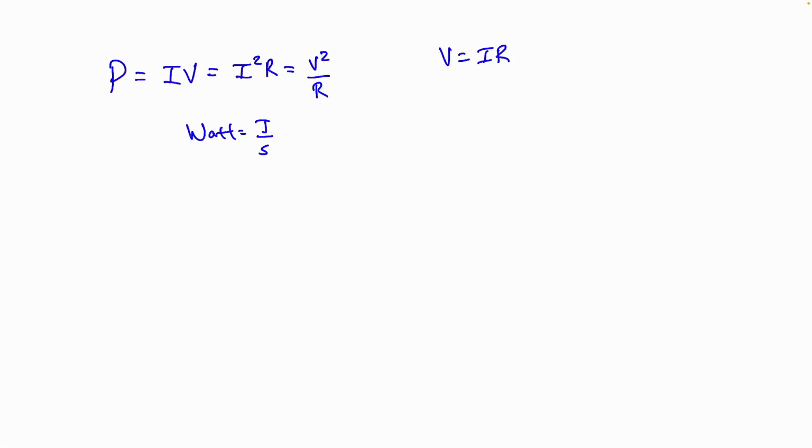Well, once you find the power, how do you find the energy? Power is work or energy per time, so the energy will just be the power times the time. And if you're running it for an hour, how many seconds is that? 3,600 seconds.